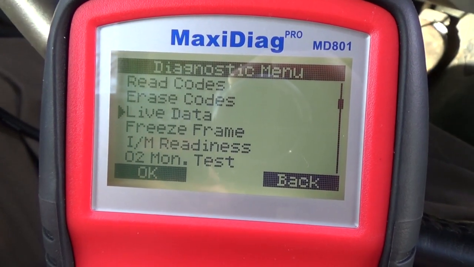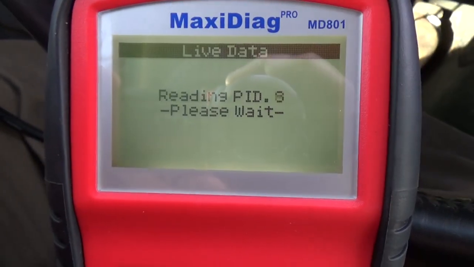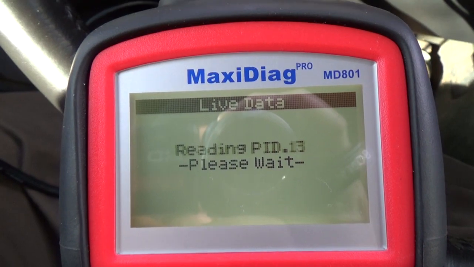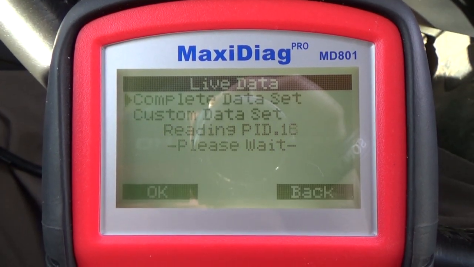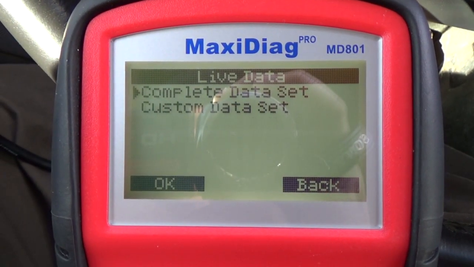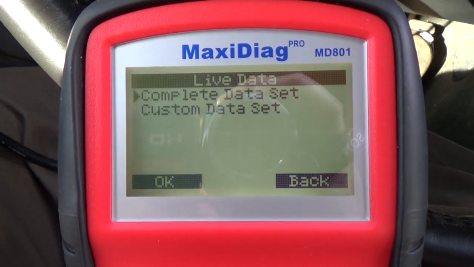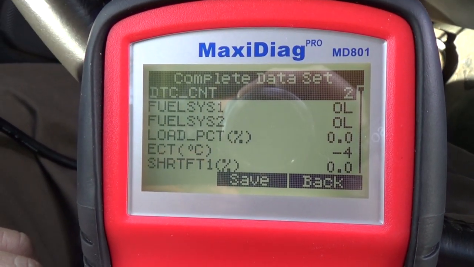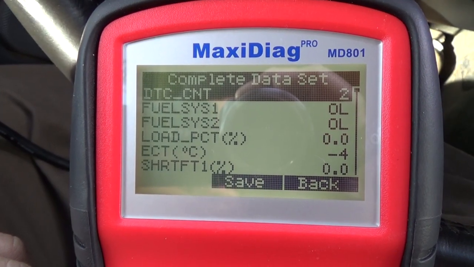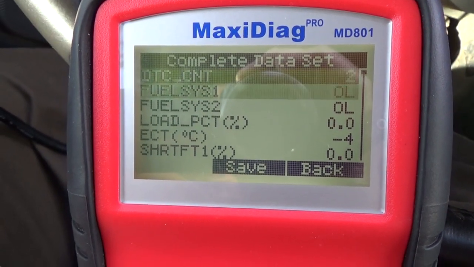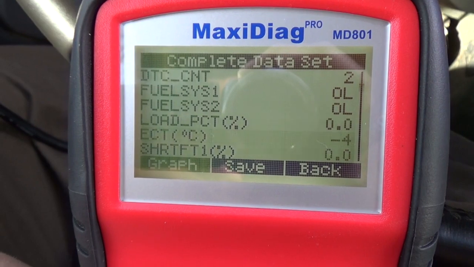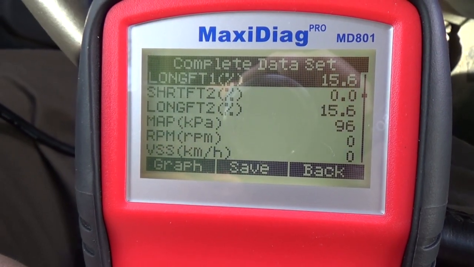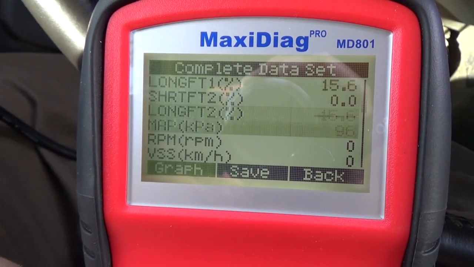Go do live data. I don't know if this will show. Fuel system, I don't really know what half of this means, but some of yous that have done more of this might know a little more.